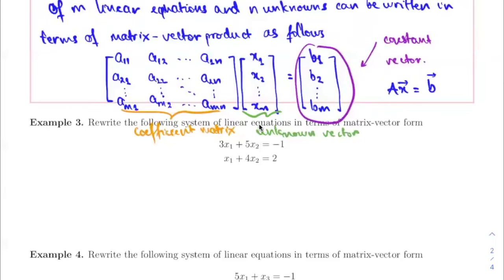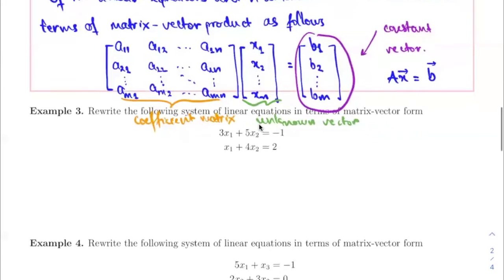Again, the matrix vector form consists of a matrix A, which is the coefficient matrix, vector X, which consists of all the unknowns, and vector B, which consists of all the entries on the right-hand side of the system, or the constant vector. Here, the coefficient matrix consists of the entries 3, 5, 1, and 4. So this is a 2 by 2 matrix because you have 2 coefficients for each equation.